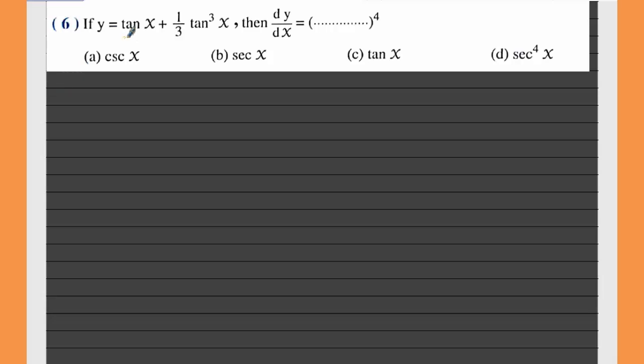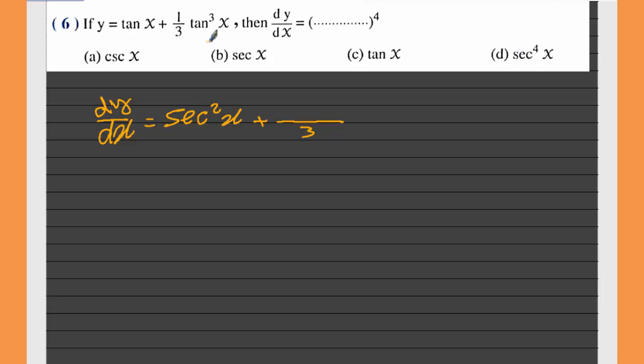Question number 6, y equals tan x plus 1 over 3 tan power 3x. Here the required also is to find the dy dx. dy dx equals the derivative of tan is sec square x plus, here we have 3.